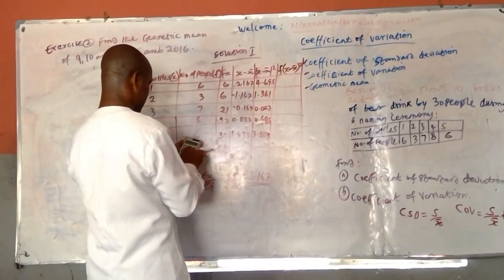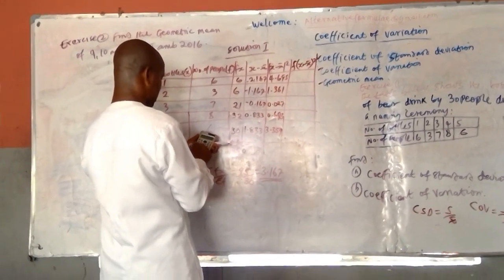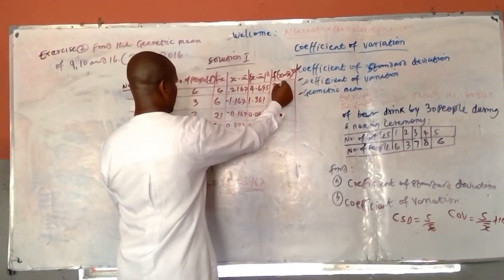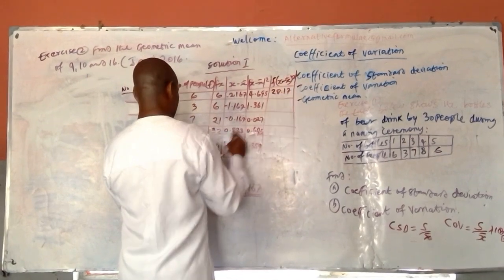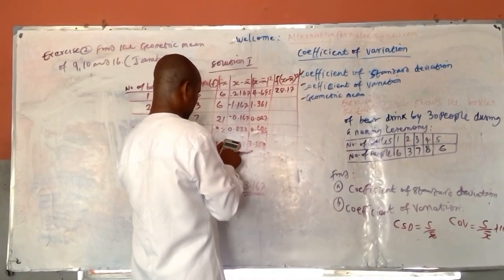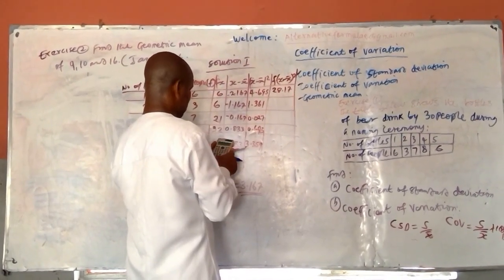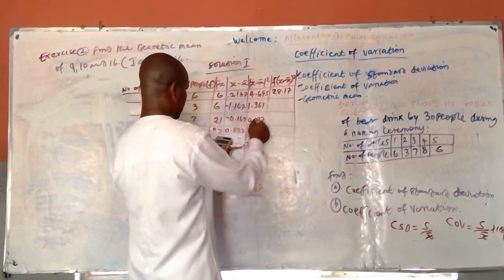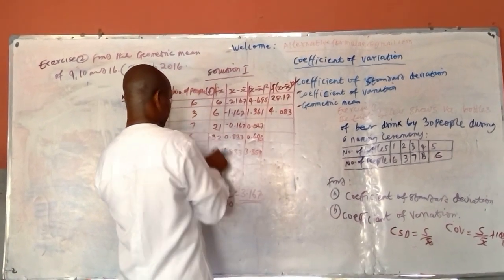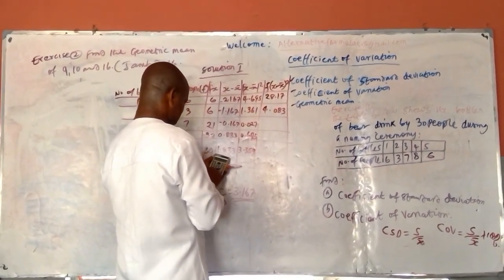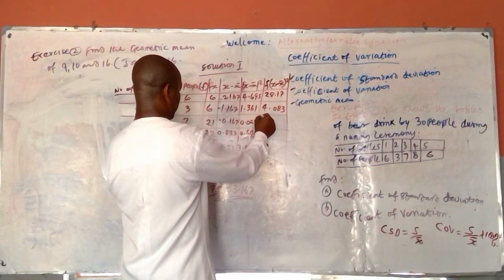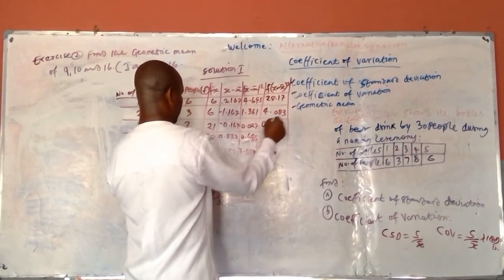Now what to do next is to multiply the frequency times this. So 6 times 4.695, the answer should be 28.17. Next, 3 times 1.361, your answer is 4.083. We are progressing. 7 times 0.027 gives 0.189.